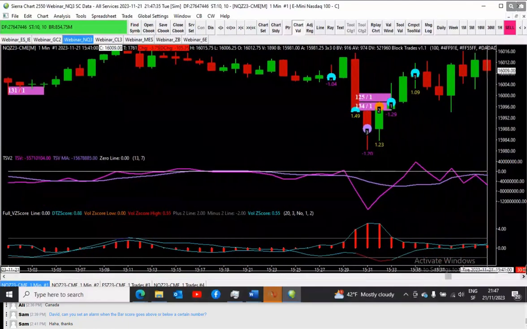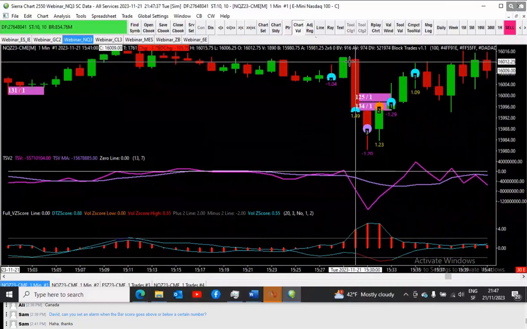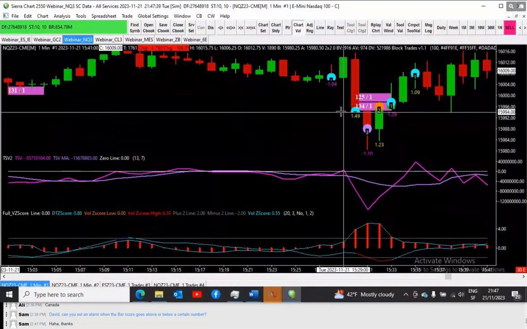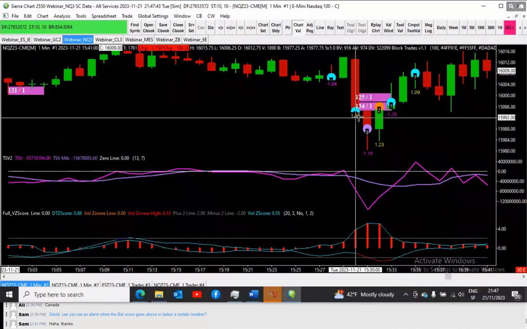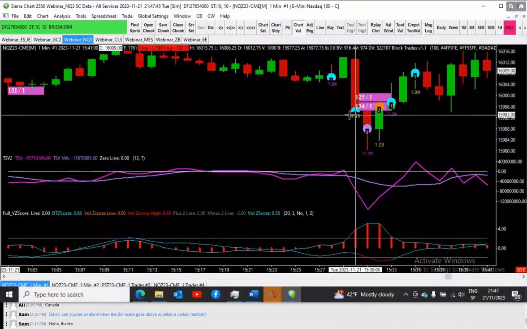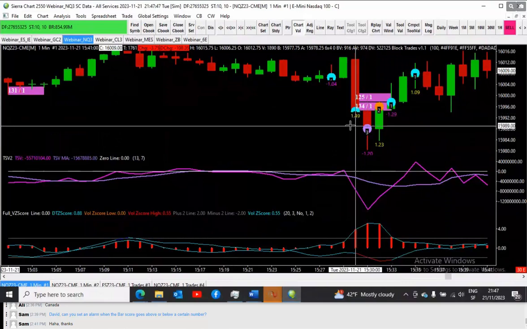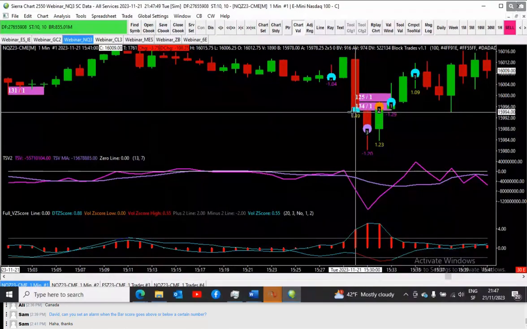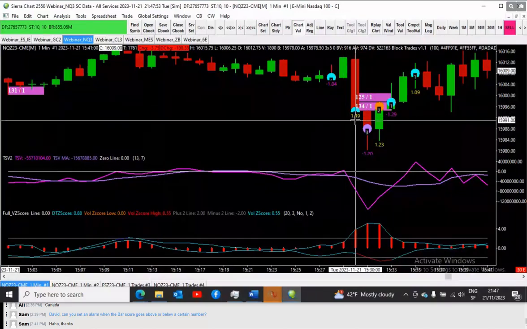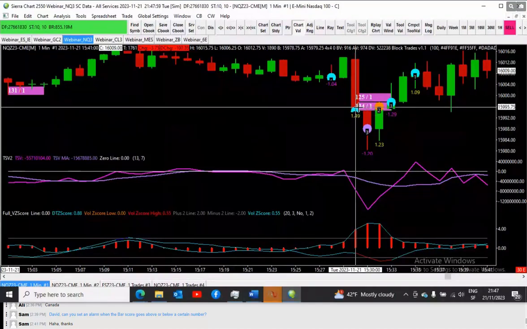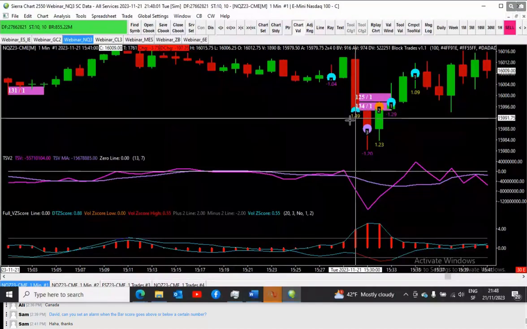Now, here we get an interesting set of events. Strong down bar here. At the bottom, we've got a Voltic. I should have explained that the numbers at the bottom of the Voltic signal give an indication of whether there was a bias on the bullish side or the bearish side in that high-speed trading activity.